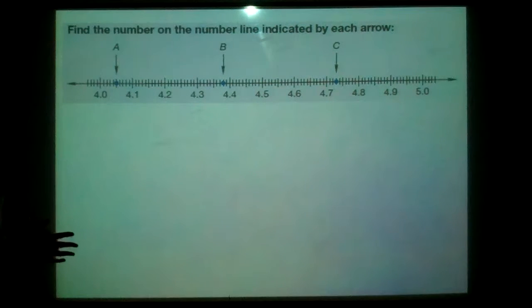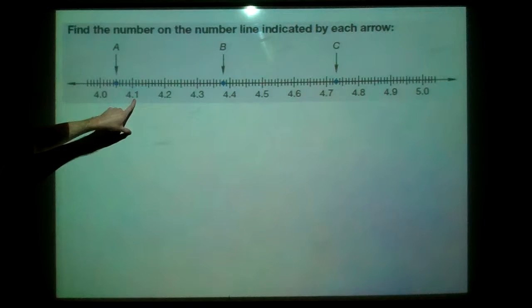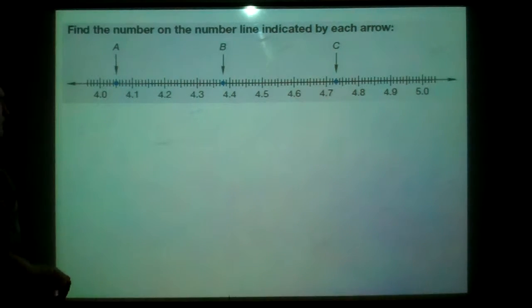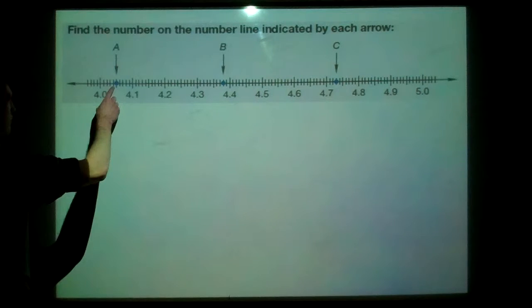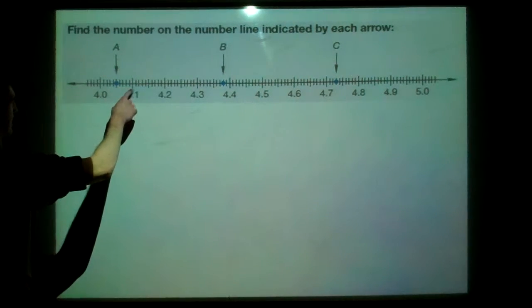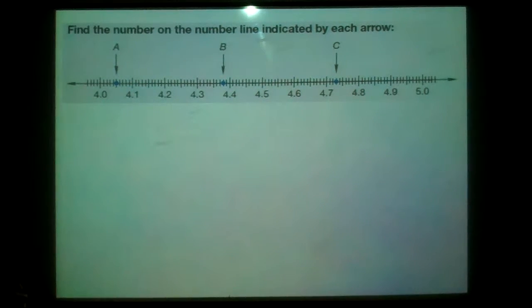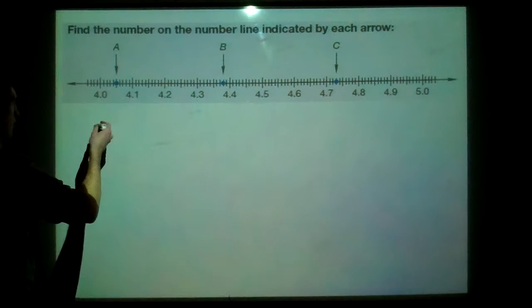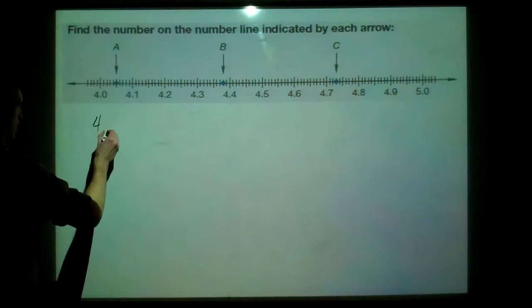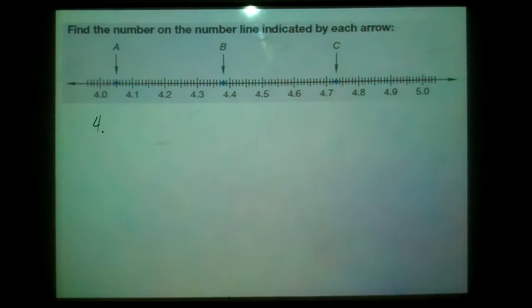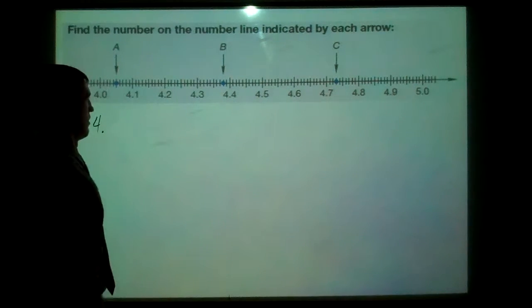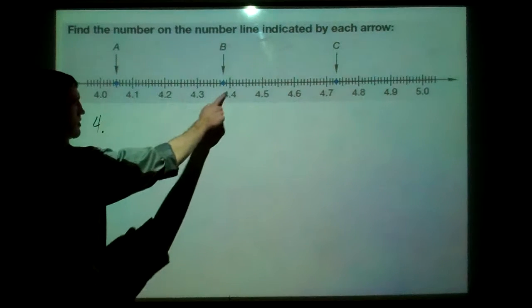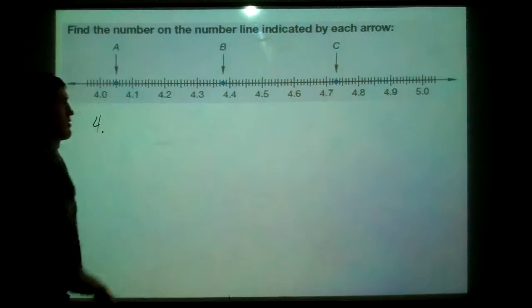Alright, so what we really want to focus on is, okay, between 4.0 and 4.1, how many tick marks are there? We got 1, 2, 3, 4, 5, 6, 7, 8, 9, 10. Okay? So we know that it can't be bigger than 4.1, but it is going to be bigger than 4.0. So it looks like it's halfway between there. And we can't say that it's 4.5, even though it's 5 over, because 4.5 is right there.